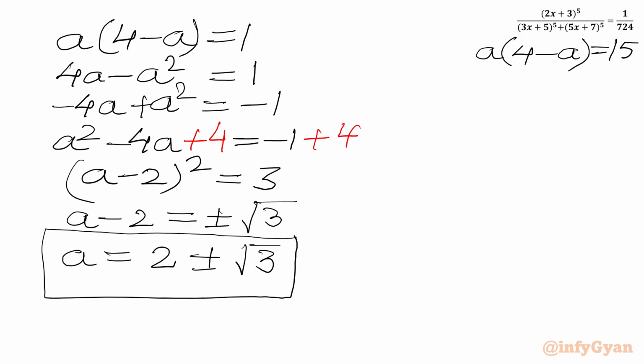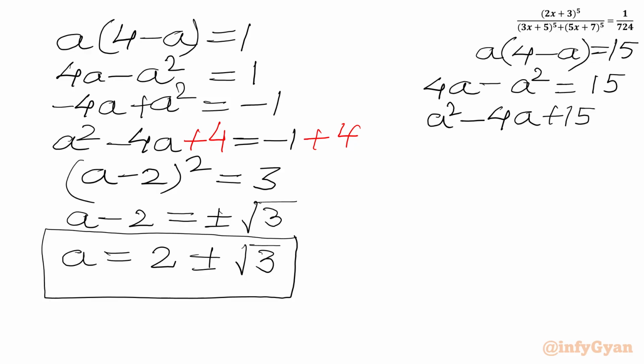Now we have to solve our second equation. So I can write here 4a minus a square equal to 15. Take all the terms to RHS: a square minus 4a plus 15 equal to 0.